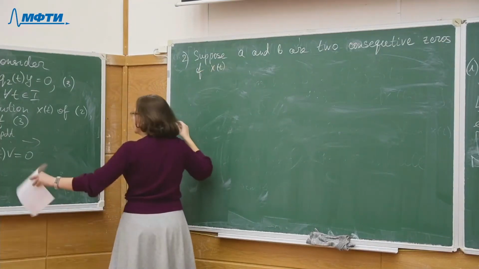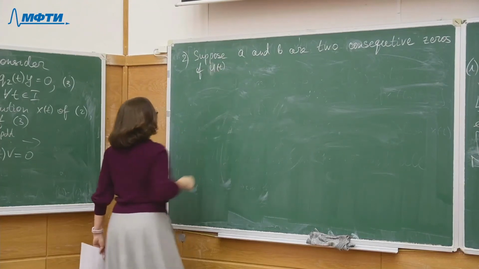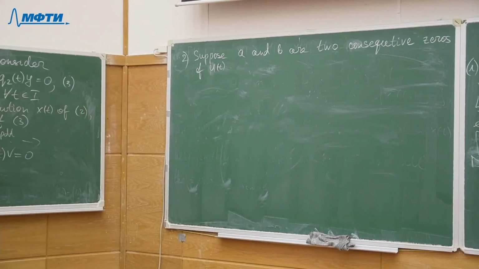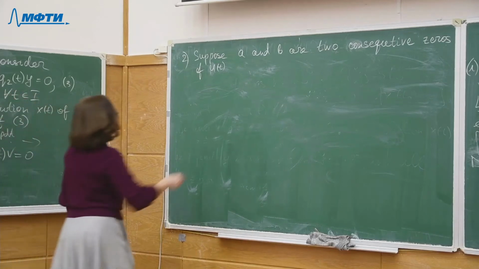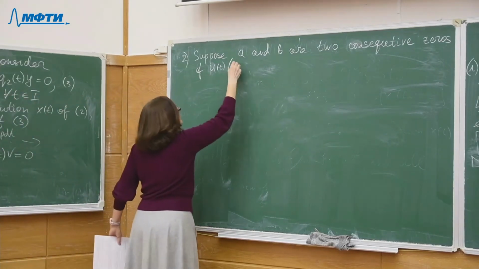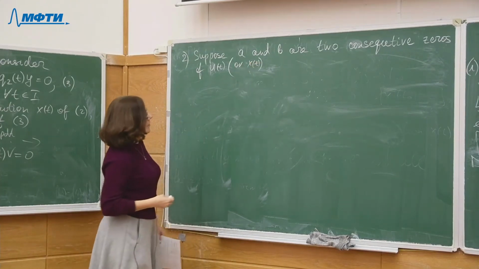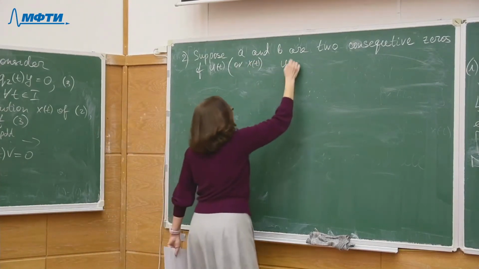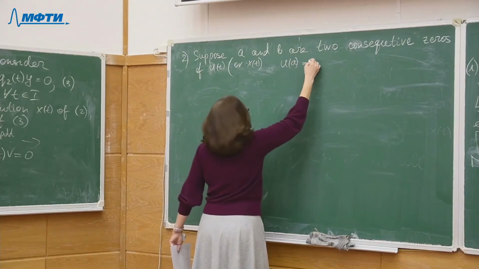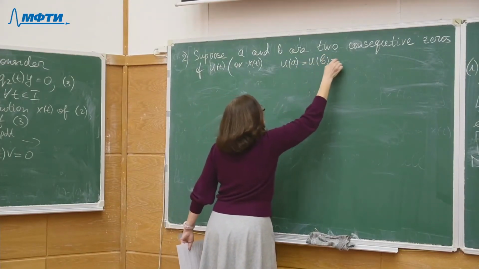So let it be u of t then. I'd like to recall that u of t and x of t have the same zeros, and v of t and y of t have the same zeros also. So I mean that u of a equals u of b equals 0.